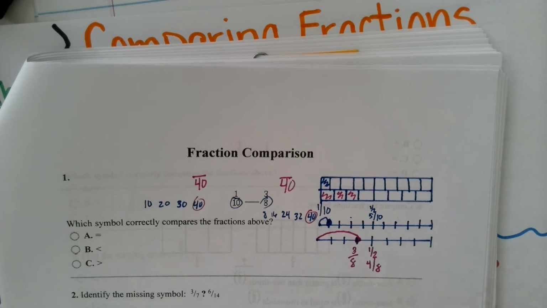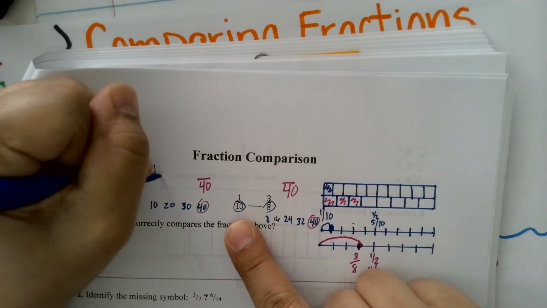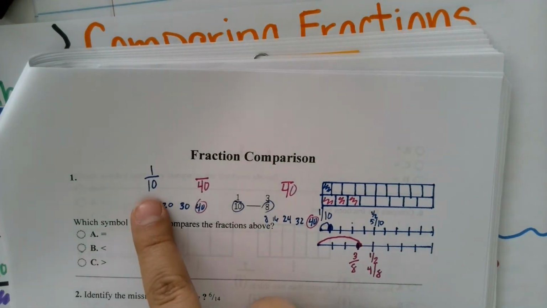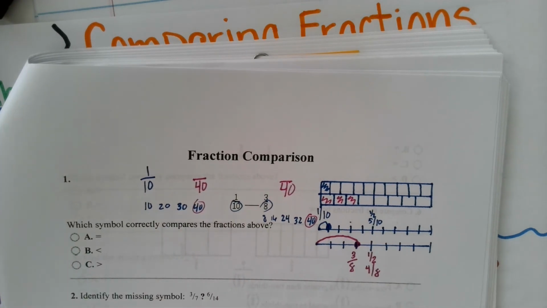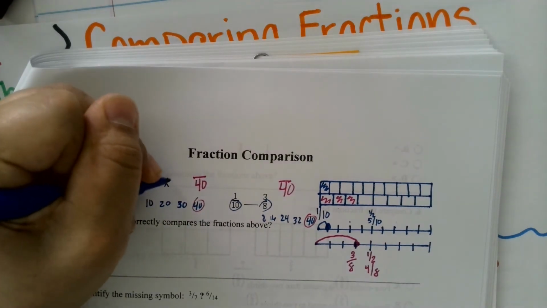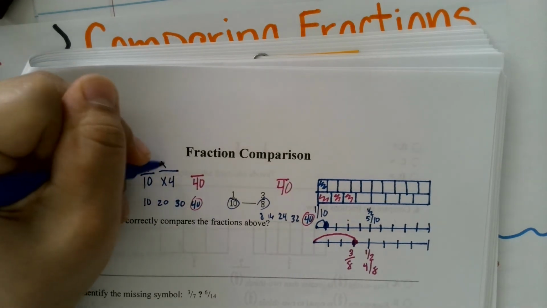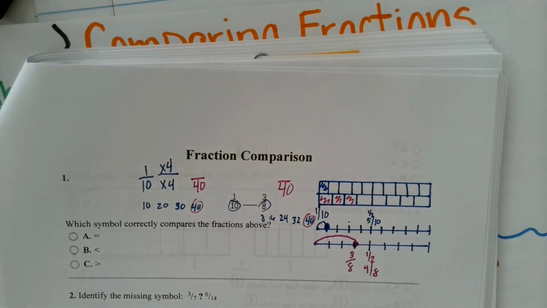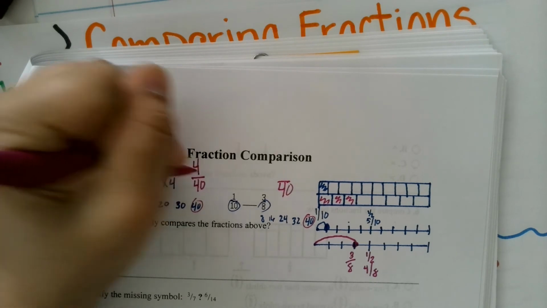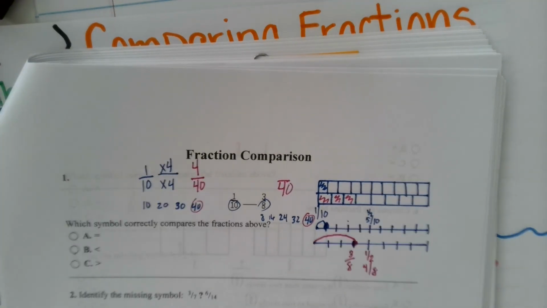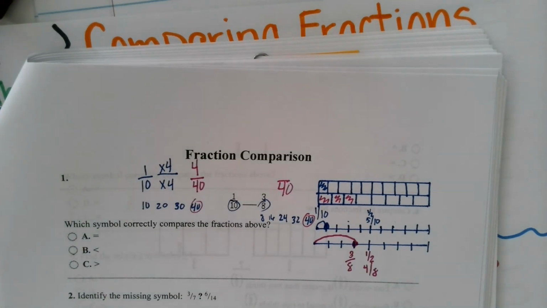So if I look at 1/10, I have to figure out how did I get from 10 to 40. Well, I multiplied that by 4. And the rule is if you multiply the bottom by 4, you have to multiply the top by 4. So it would be 4/40. All right, same thing with the 8.